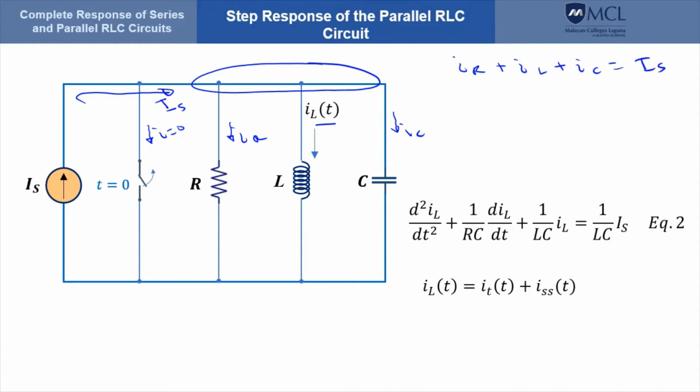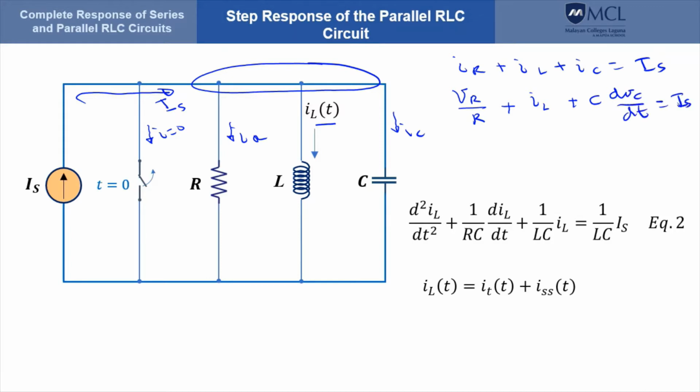Now we know IR to be equal to VR over R. So this is still IL, so let's maintain that. And I sub C is C dVc dt.